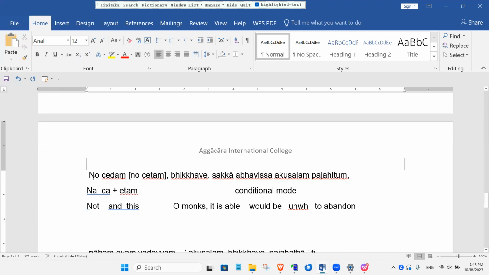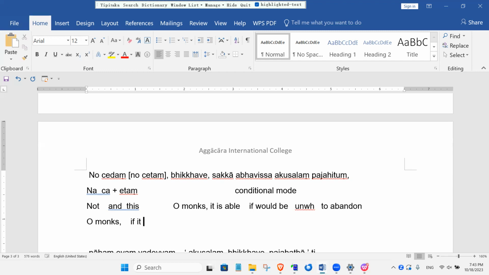So this "no" or "not" should link with the action here. The action here would be, O monks, and here you can put "if would be", all right?